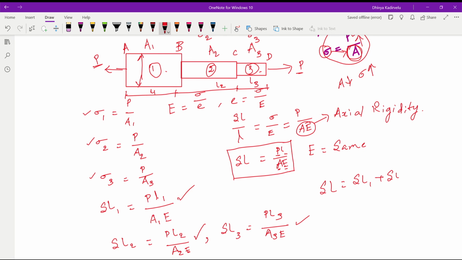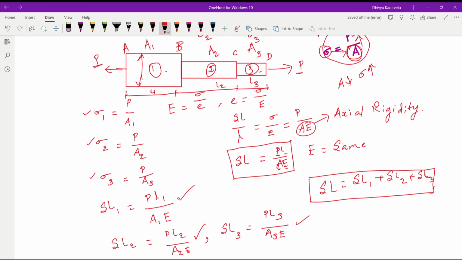So del L1 plus del L2 plus del L3, right? Okay. So this is the total elongation, and if we know the values of all the parameters, which are load, length, area, and Young's modulus, we can substitute and calculate del L1, del L2, del L3, and sum it up to get the total elongation because of the applied load.